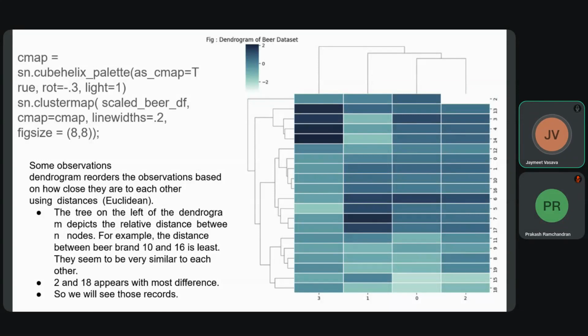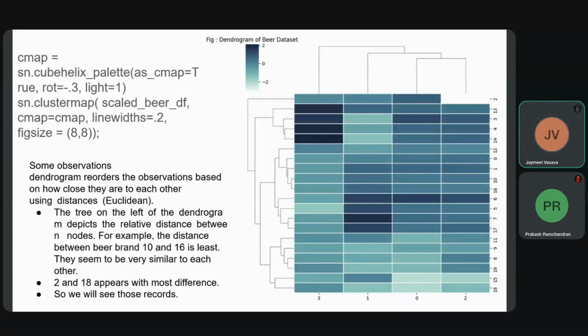The other ones are a bit larger and keep getting larger. The dendrogram reorders the observations based on how close they are to each other using Euclidean distance. The tree on the left of the dendrogram depicts the relative distance between nodes.